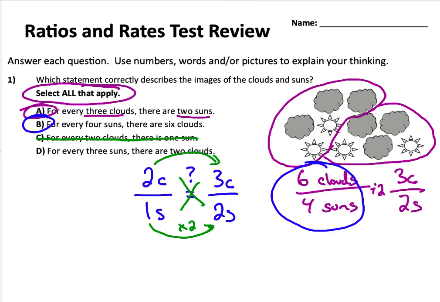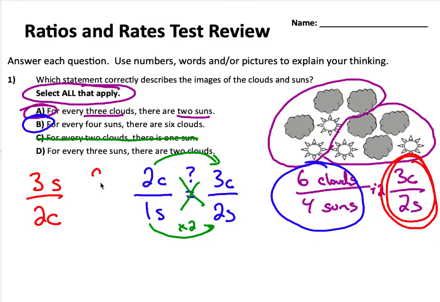Then I look at my fourth one. For every 3 suns, there are 2 clouds. So 3 suns to 2 clouds. Well, let's take our information over here. We said we have 2 suns for 3 clouds. They try to trick us on this one.